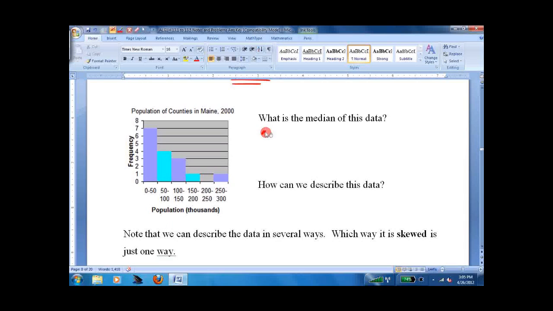And for those who don't remember, a median is the middle data point. For example, if you were to line up some test scores and you had a 70, a 72, a 73, an 80, and an 83, you'd say, boy, this class obviously didn't study for their test on rational equations.